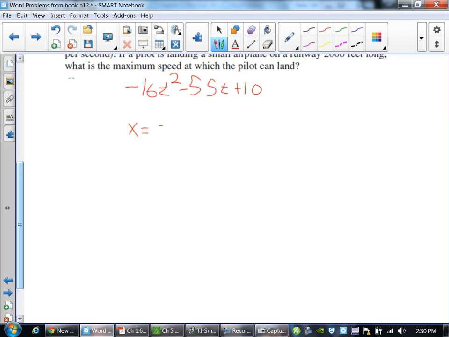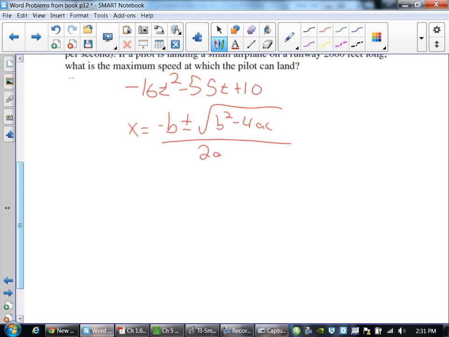X equals negative b plus or minus square root b squared minus 4ac, all over 2a. The reason I'm going to use the quadratic formula is to think about what the parabola is going to give you. The parabola could give you a positive and a negative value, couldn't it? Can you have negative time? No. Are we going 88 miles an hour in a DeLorean? No.